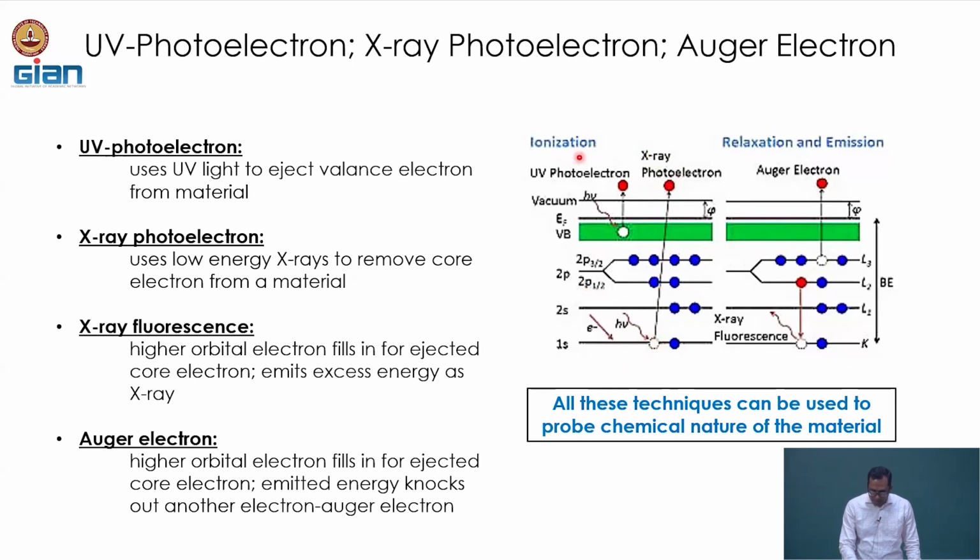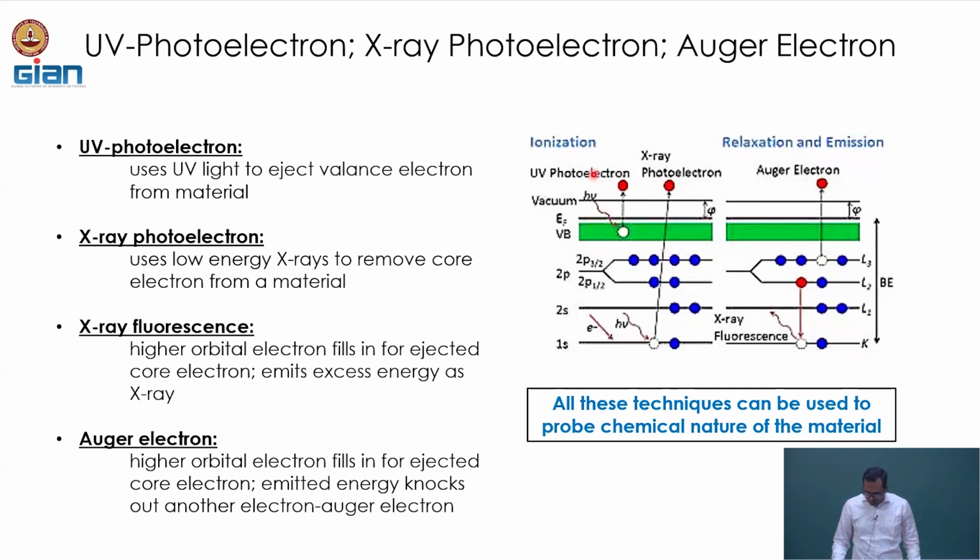But if you have UV photoelectron, instead of X-rays we have UV light, and because UV light has lower energy than X-rays, it will not be able to kick off the core electron, but the outer shell electrons which are not strongly bound to the atom's nucleus can be ejected, and in this case it is called UV photoelectron.